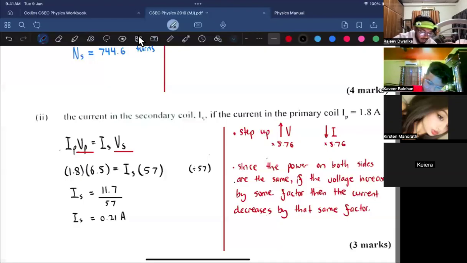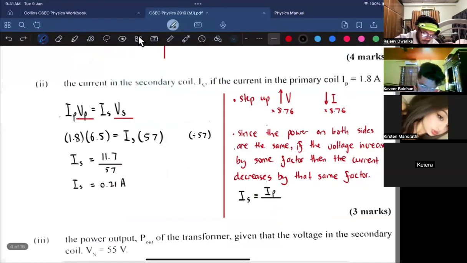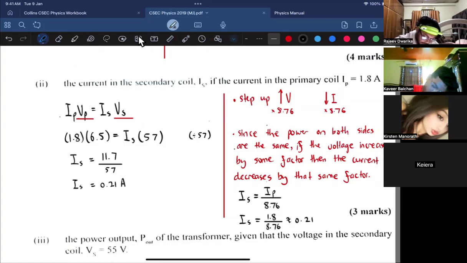So what we could say is that the secondary current would be equal to the primary current divided by the 8.76. And we know that that is NS over NP, but we just plug it in. 8.76. And IS would be equal to IP. They gave us IP as 1.8. So 1.8 over 8.76. And you get the same answer, roughly 0.21 amps.